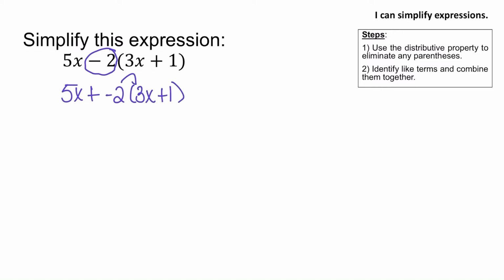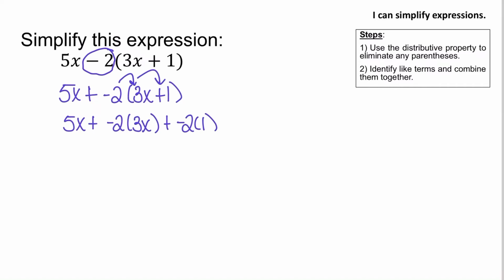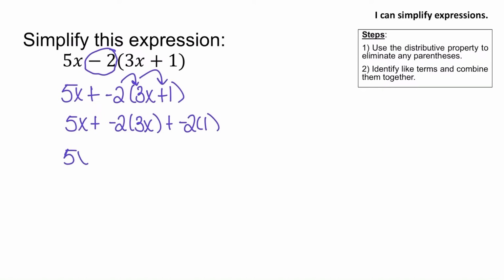So I'm going to distribute this negative 2, and that is going to give me 5x plus negative 2 times 3x plus negative 2 times 1. So I have 5x plus negative 2 times 3x is negative 6x plus negative 2 times 1, which is going to be negative 2.